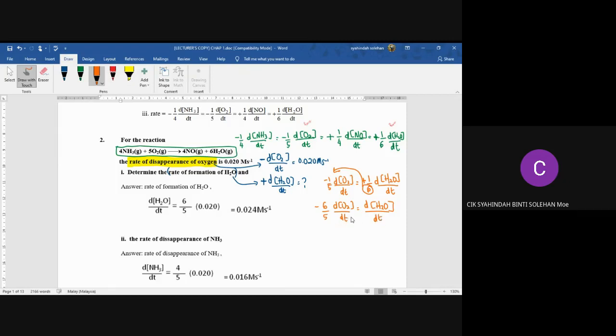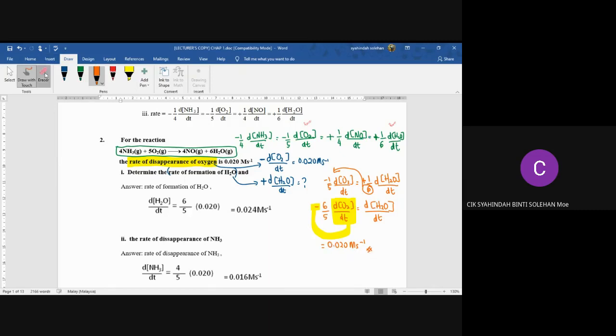Okay, and now kan dia bagi information rate of disappearance of oxygen. Jangan risau. So sekarang ni negative this whole thing, the concentration of oxygen over dt ni adalah equals to 0.020 molar per second. Okay, tak habis lagi.